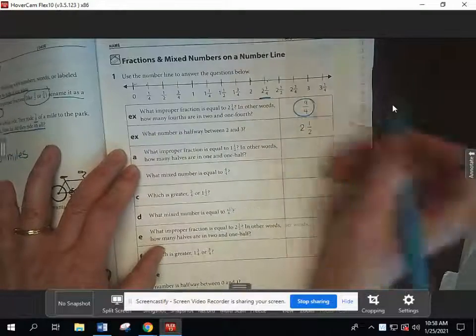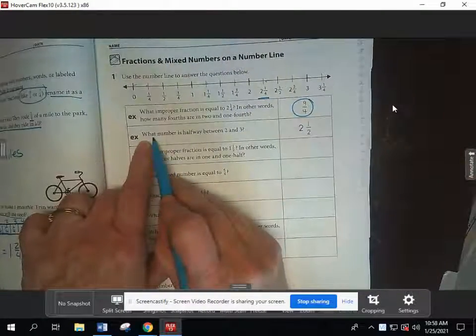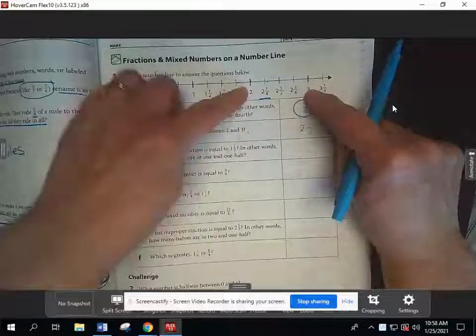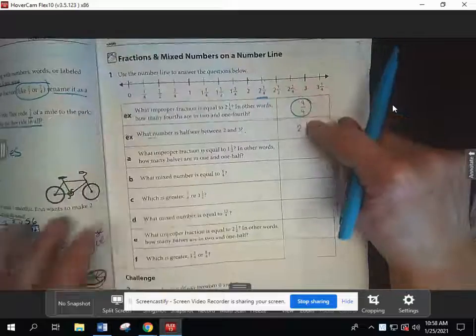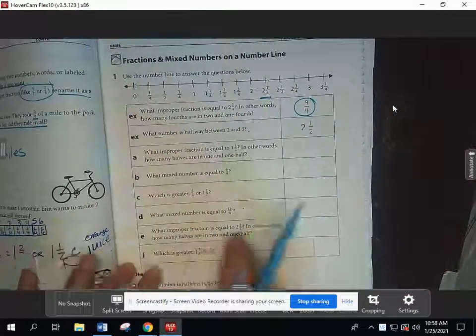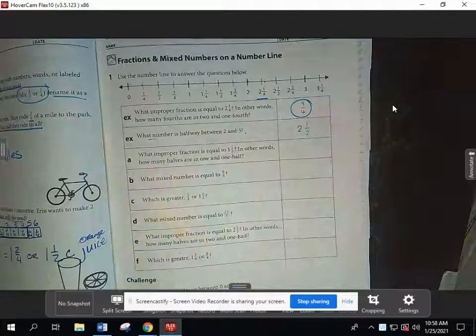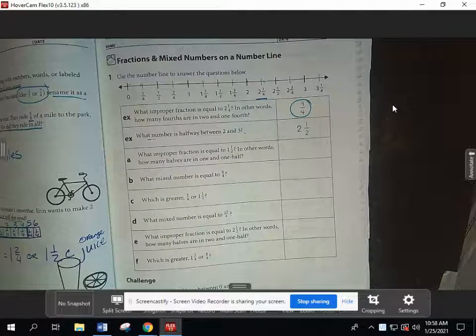That's how they got 9/4. Now they asked you a different question. You're finding 2, you're finding 3. What's the number in between? 2 1/2. So you're going to continue to use your number line to answer these questions, and it is important to use the number line.